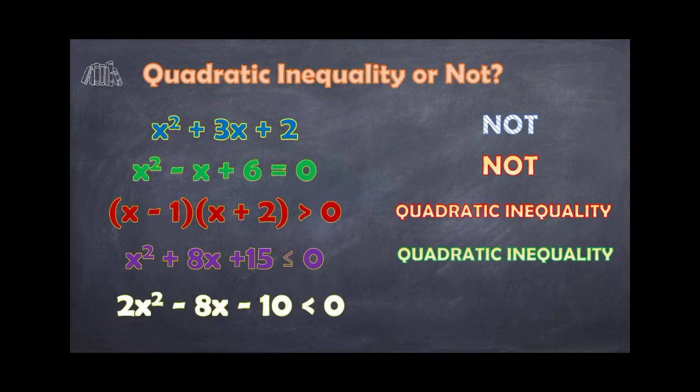Then, the last is 2x squared minus 8x minus 10 is less than 0. So, dito, present ang ating quadratic term and ang symbol na ginamit ay less than. So, ibig sabihin, this is a quadratic inequality.